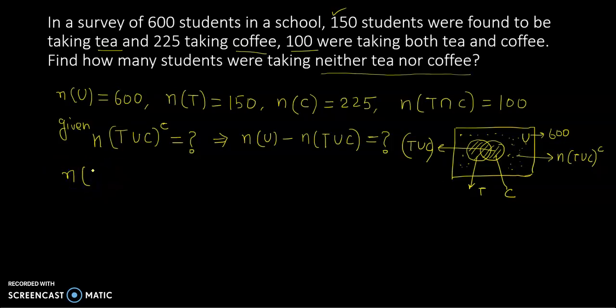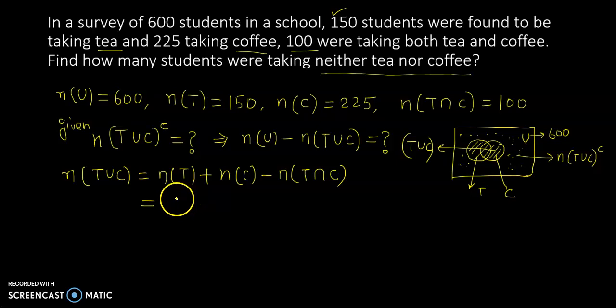So I'm going to use once again the property of union. The number of students taking tea or coffee is given by the number of students taking tea plus the number of students taking coffee minus the number of students taking both tea and coffee, and that is simply going to be 150 plus 225 minus 100, and that gives me 275.